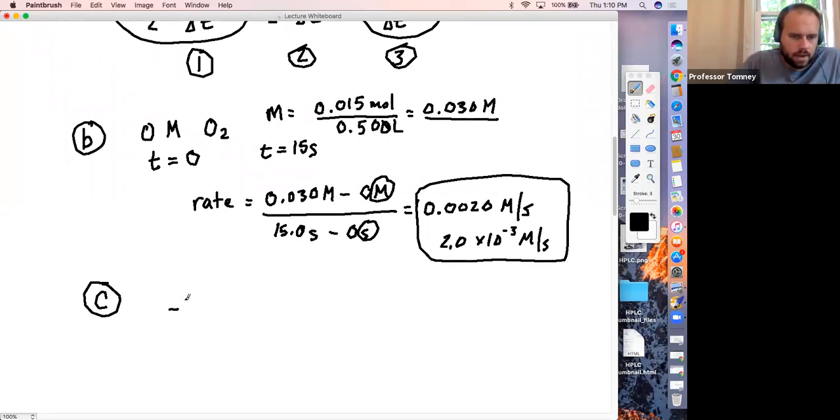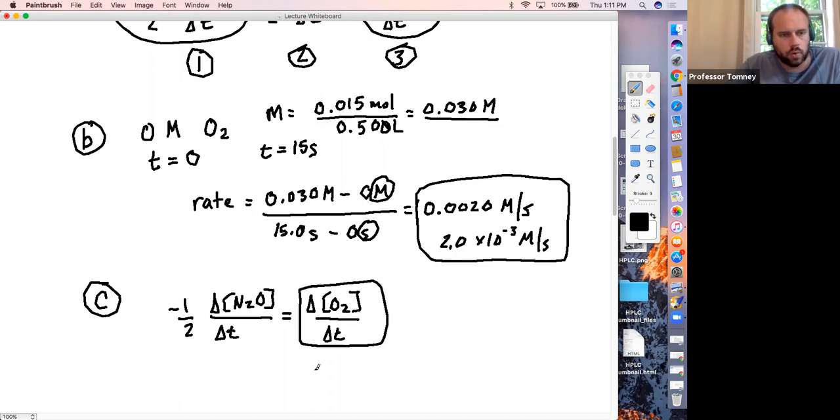It's going to be -1/2 delta N2O over delta T is equal to delta O2 over delta T. Now we have already solved for this value right here.